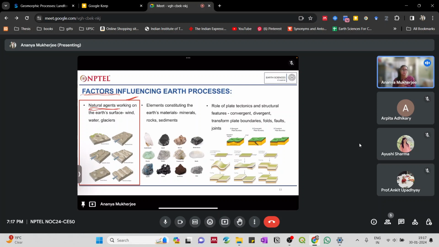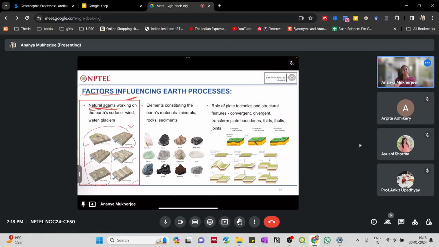So you have your wind, water, glaciers, etc. These are some of the landforms that are formed due to wind, for example the formation of dunes and different ridges. We will see how the different shapes of dunes are formed due to differences in the speed of the wind and the kind of obstructions that they face.